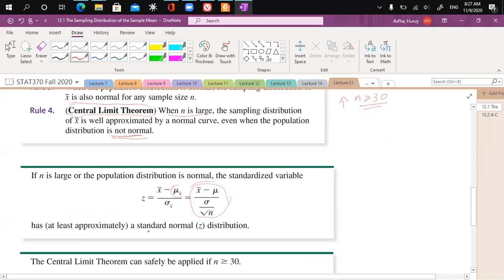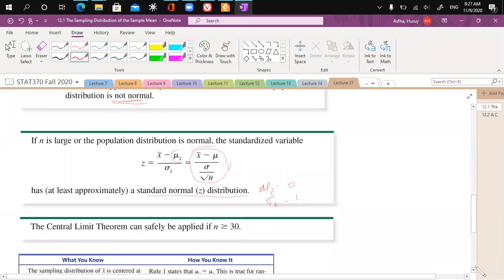When we say standard normal distribution, this has mean 0 and standard deviation 1: mu z is 0, standard deviation of z is 1. This is what we call the standard normal distribution. Now here, don't forget to include this, because the standard deviation of x bar is sigma over root n.